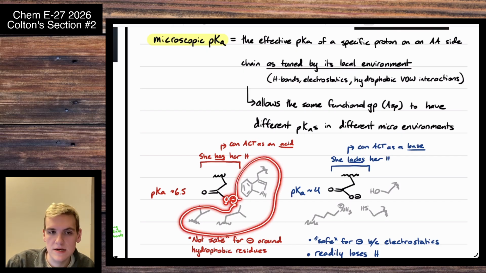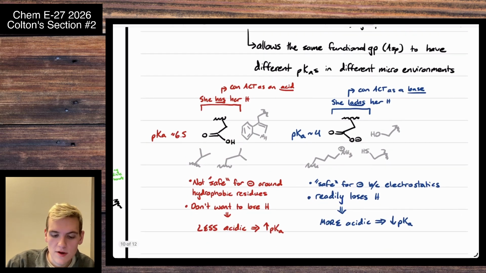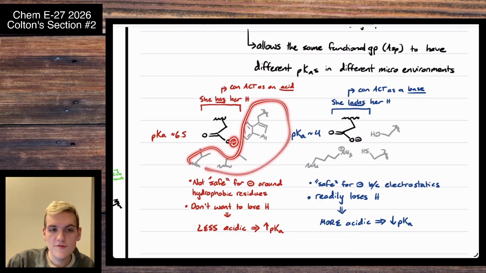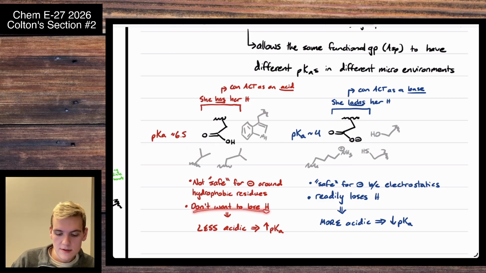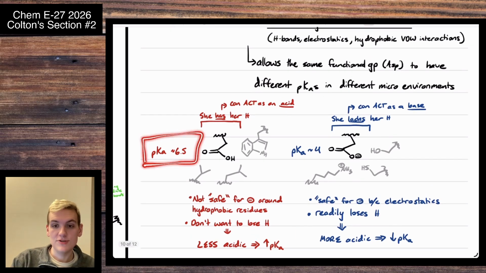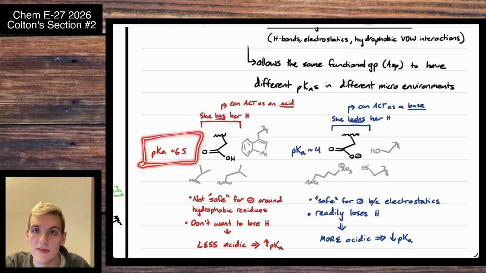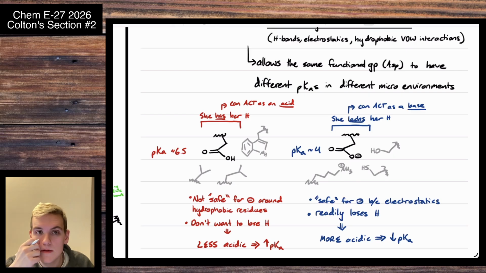It's not going to fit in here. And so if you are surrounded by these nonpolar residues, you can't really form the negative very well. It means you don't want to lose your hydrogen, so you're less acidic, which means you have a higher pKa. So this one has a pKa of about 6.5, which is higher than the value that we have on your printout of the amino acid pKas.